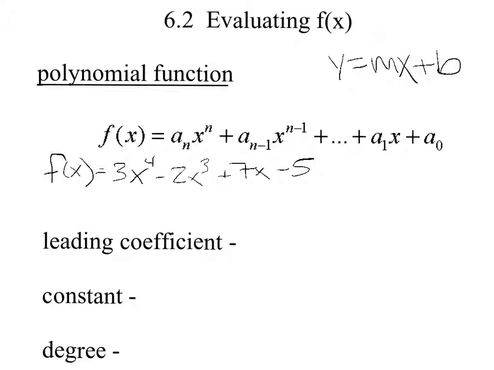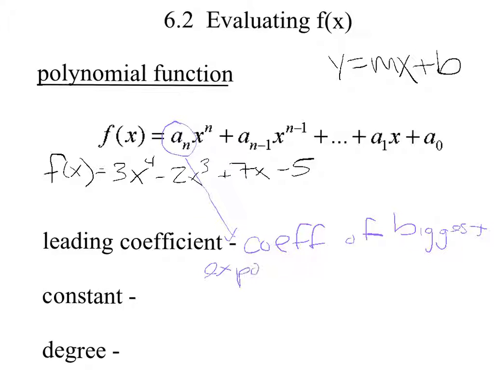Then some terms that we need to know about are things like the leading coefficient. The leading coefficient is the coefficient of the biggest exponent. So the leading coefficient in my example is 3. 3 would be the leading coefficient.